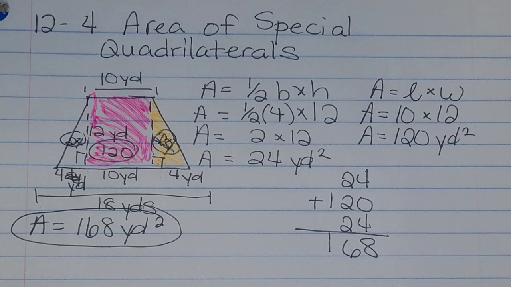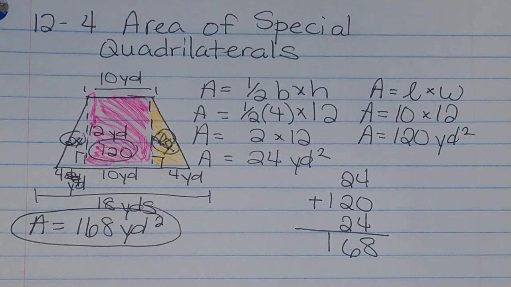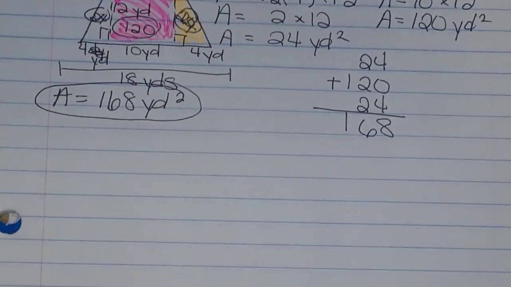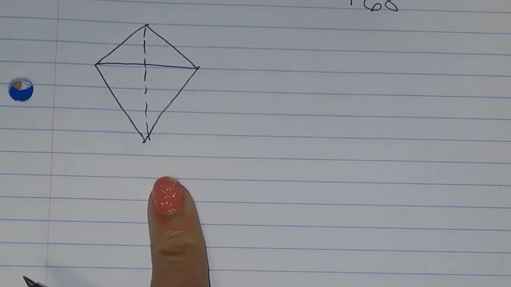Let's look at another quadrilateral. This one is fun because we typically refer to it as a kite. Here we have our kite.